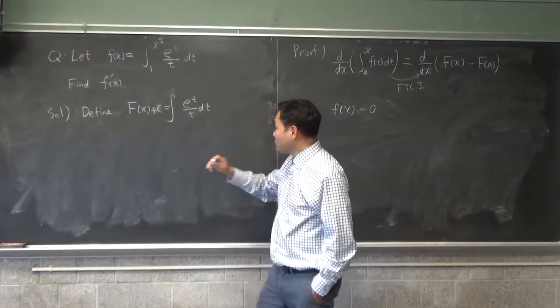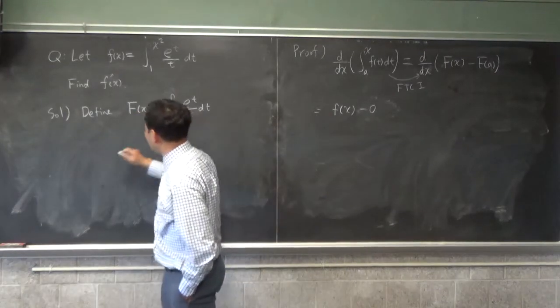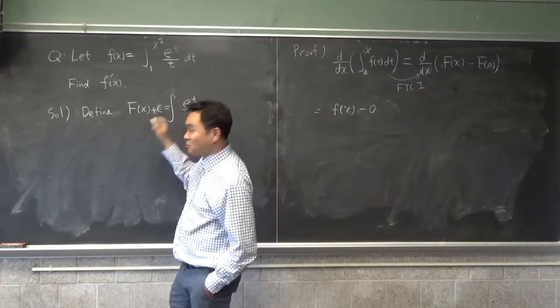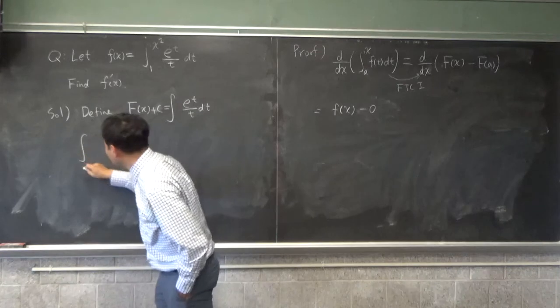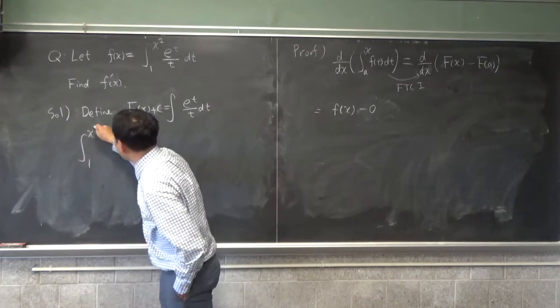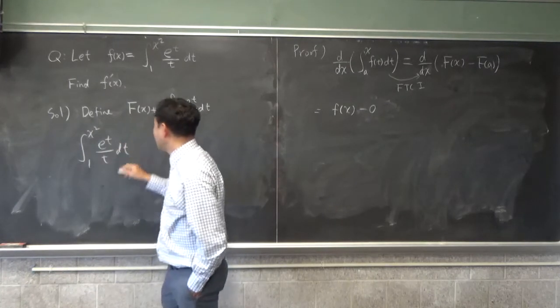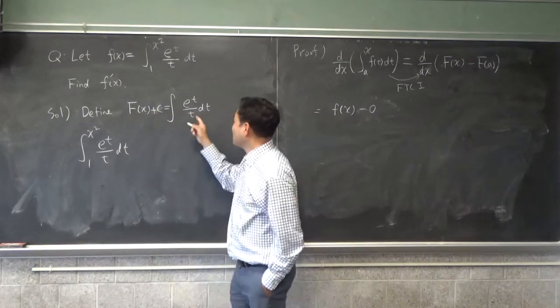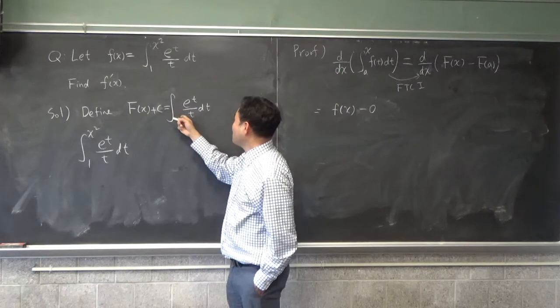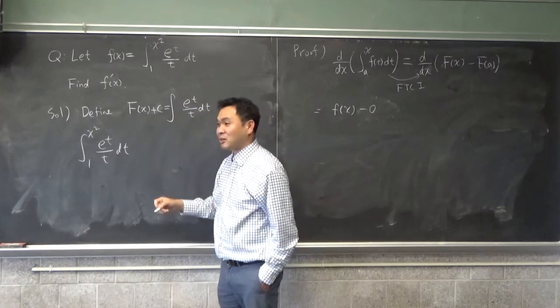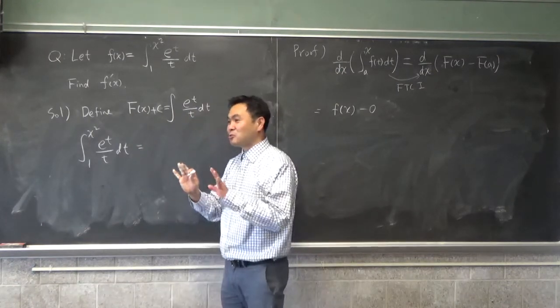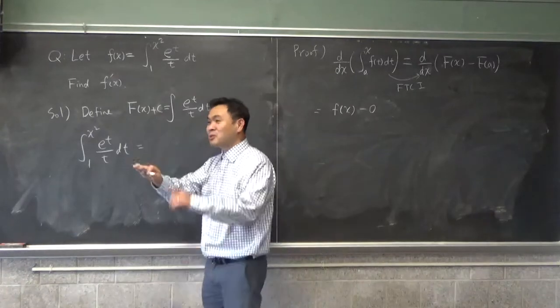All right, so back to the fake it till you make it game, okay? So what you do is the integral from 1 to x squared of e to the t over t dt. So what is this? Oh, it's capital F, right? I'll assume that you know what that is. Everyone here knows capital F, right?